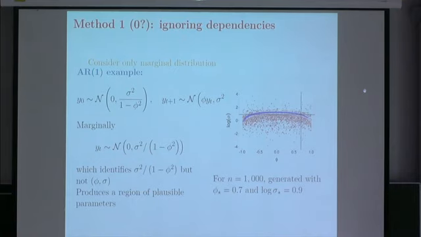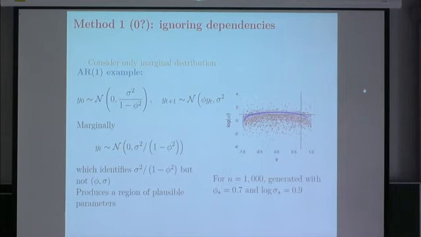So the first one is, I mean, this is solution 0 in any problem: you just ignore the problem. And so you treat your time series as if it was IID. But of course, if you do that, there are parameters that you will not see. So in an AR(1) model, you will forget about the phi.